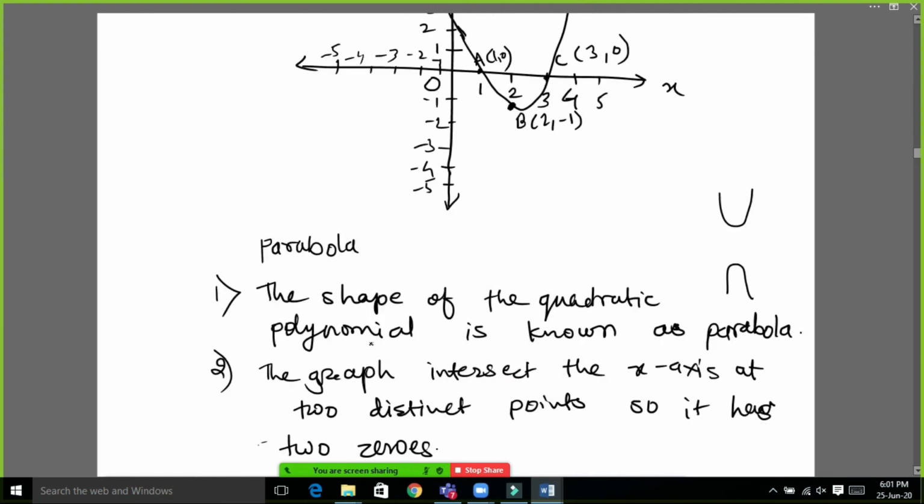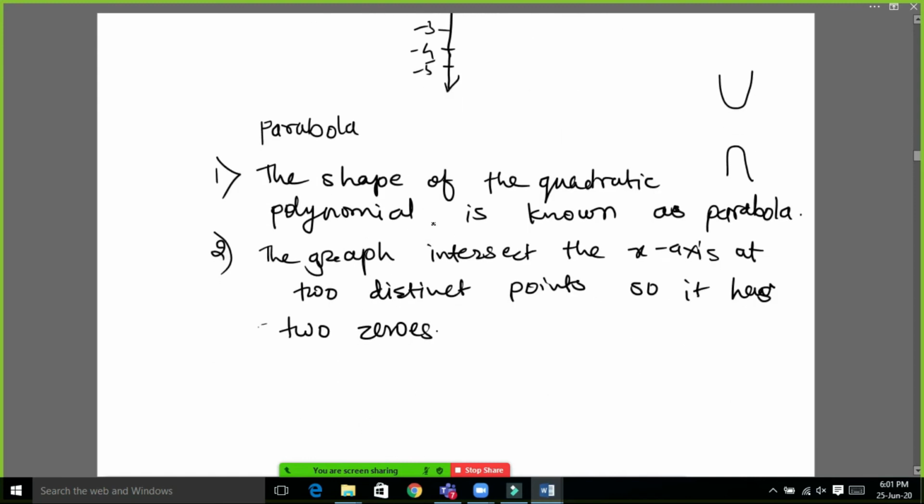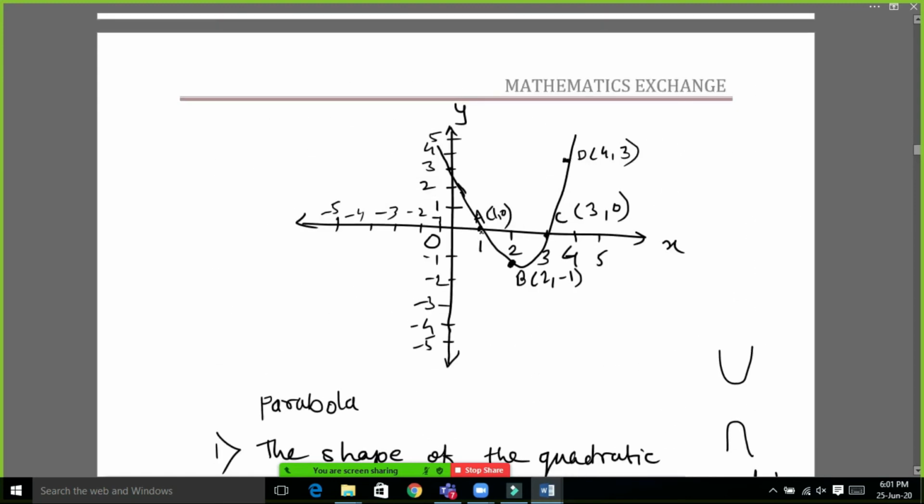If the parabola intersects the x-axis at a single point, then we can say that the given polynomial has repeated zeros, meaning the 2 zeros have the same value.